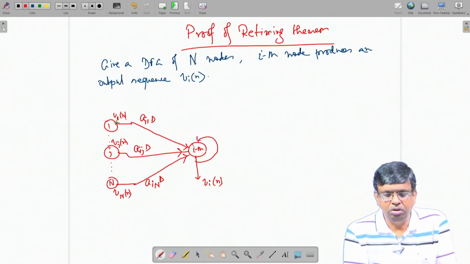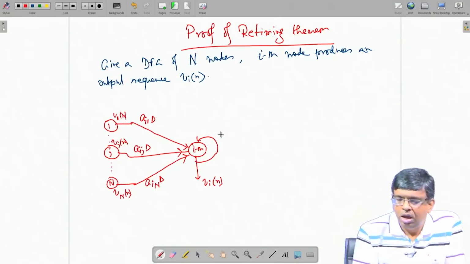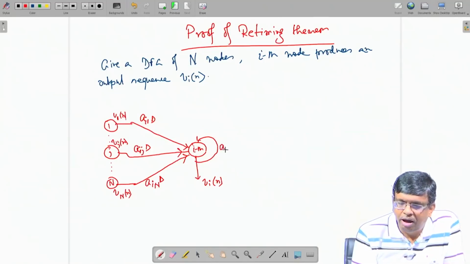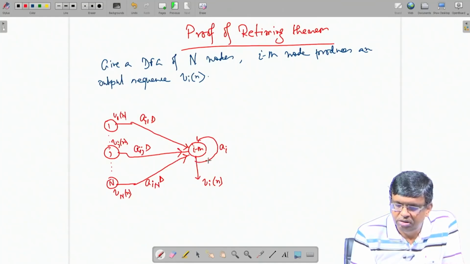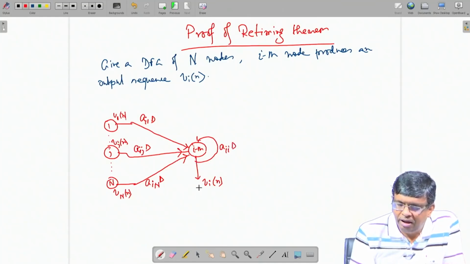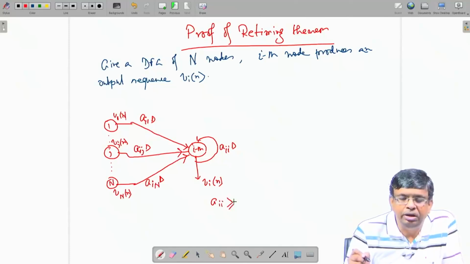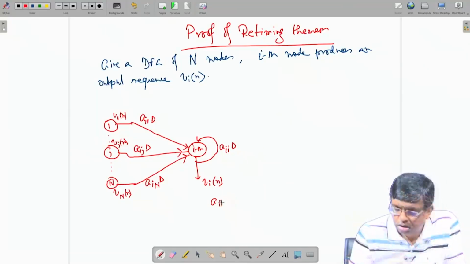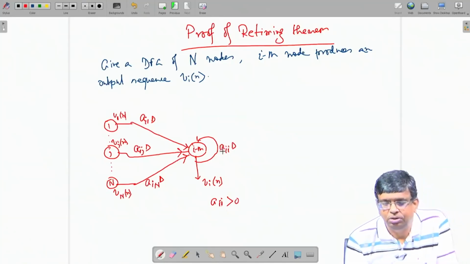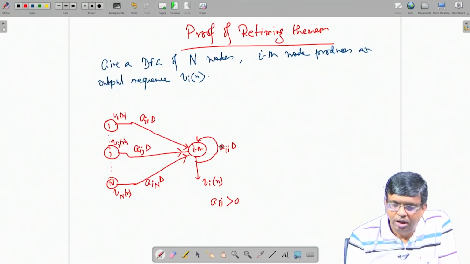because it not only may depend on other node outputs, it may depend on its own output, and in this case the delay will be A_ii, the destination node again i, the source node i here, A_ii. A_ii has to be greater than 0, it cannot be 0, simply because suppose it is 0, so there is a delay free path, and V_in, I want to find out V_in, that will depend on V_in itself, because there is no delay.